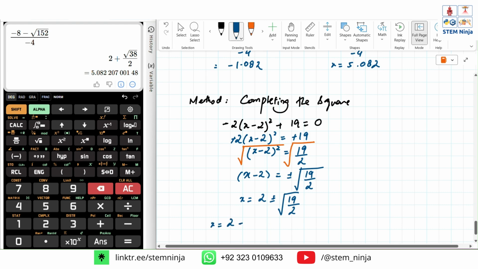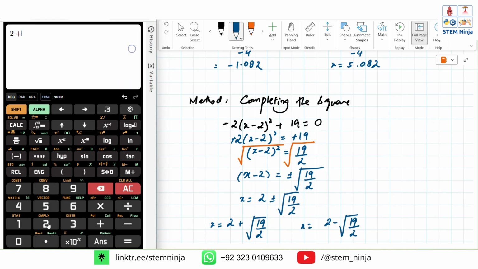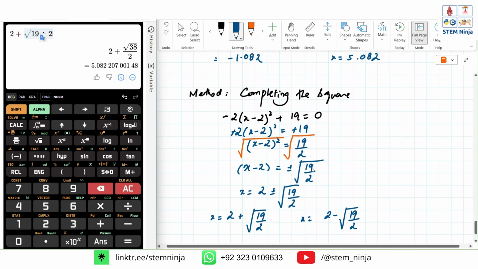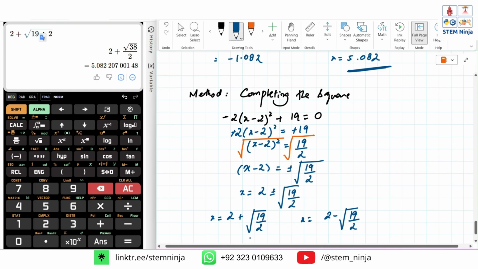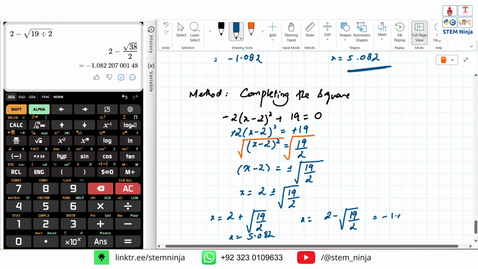So either it's 2 plus root 19 over 2 or 2 minus root 19 over 2. So let's calculate that. So 2 plus square root 19 divided by 2. One answer is coming out to be 5.082, same as this one. And if we plug in the minus sign over here, this would be minus 1.082, exactly the same as this one.